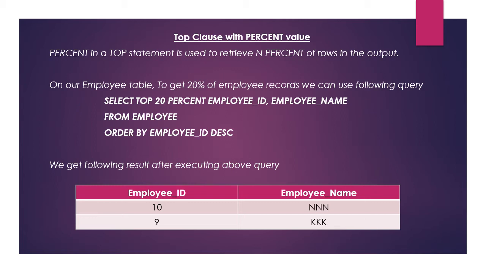Select top 20 percent, then column names from employee, order by employee ID descending. As I have inserted 10 records in the employee table, 20% of 10 records is 2 records. That's why this query returns only 2 records of latest employees as shown on the screen.